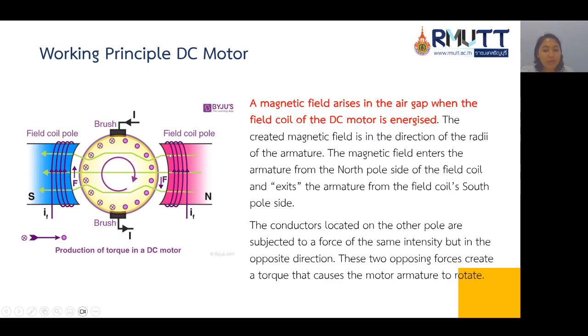The conductors located on the other pole are subjected to a force of the same intensity, but in the opposite direction. These two opposing forces create a torque that causes the motor armature to rotate.